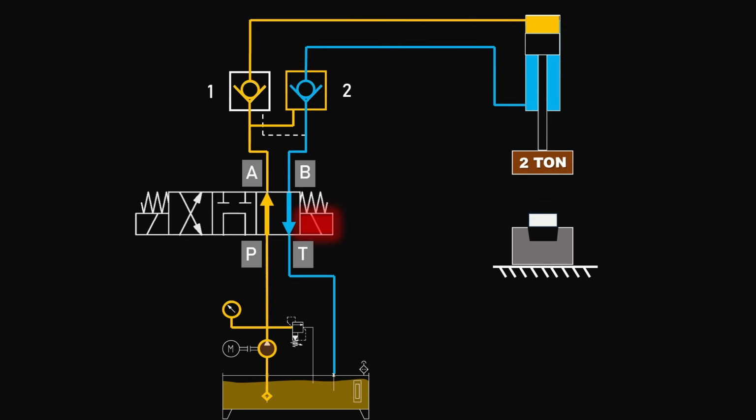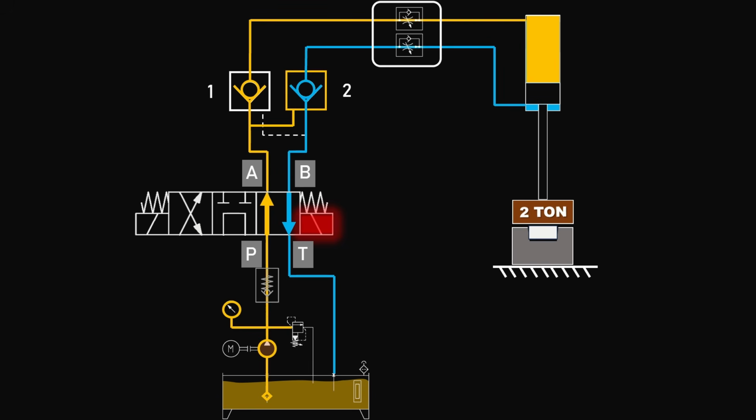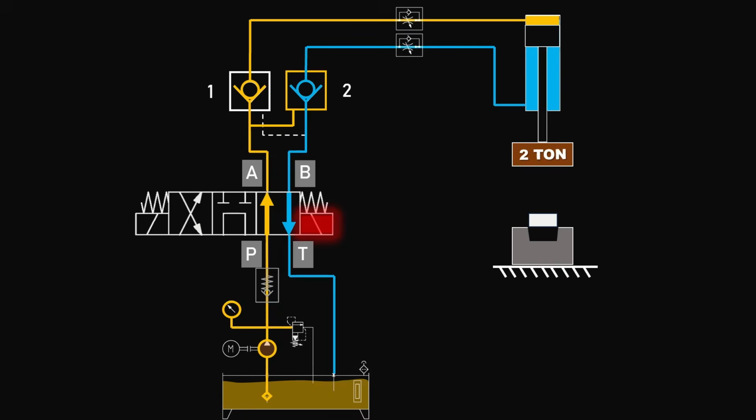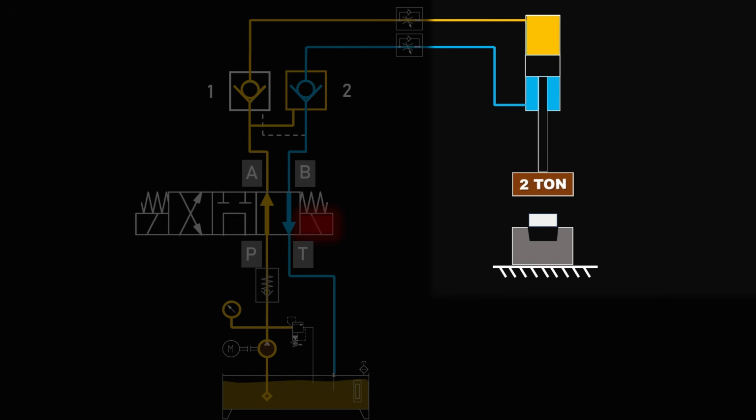Now in a hydraulic circuit, selecting the right directional control valve is one part. We also need to select the right flow control strategy. When lowering, the heavy load can fall faster due to gravity. This is called the runaway problem, which creates cavitation inside the cylinder.